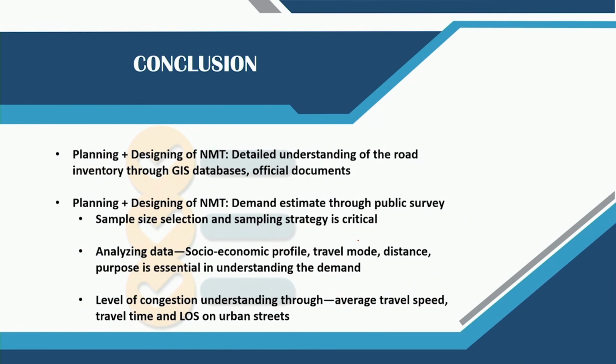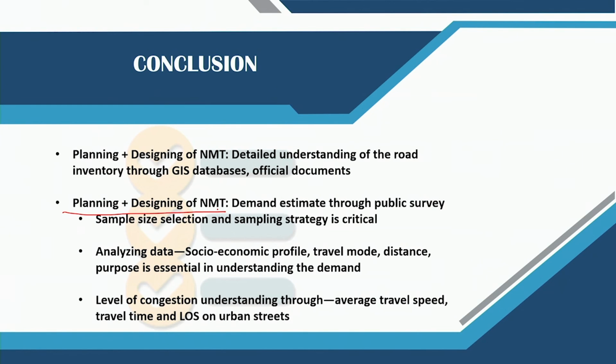So, I hope you have followed through in this presentation, where we have looked at the second stage, or the second step, in the 5-step planning process, where we have looked at planning and design of NMT facilities.